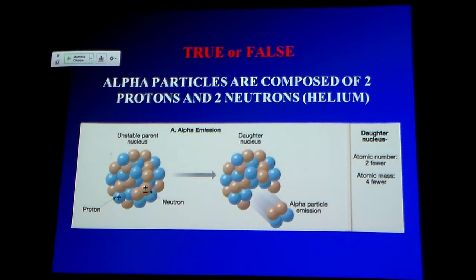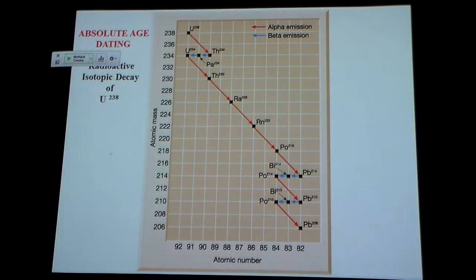True. Yes, absolutely. Okay, so this means I'm going to change this material into something 2 atomic numbers lower. Right? I'm getting rid of 2 protons. So if I look at uranium-238, and the 238 is essentially the atomic mass, and it's unstable.